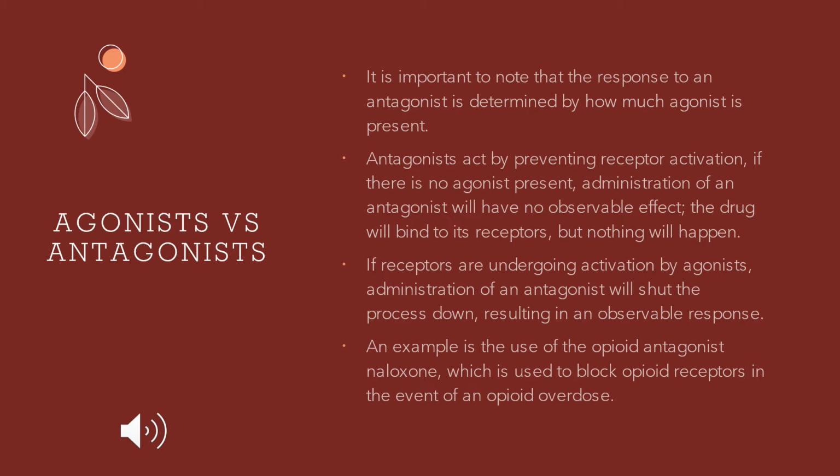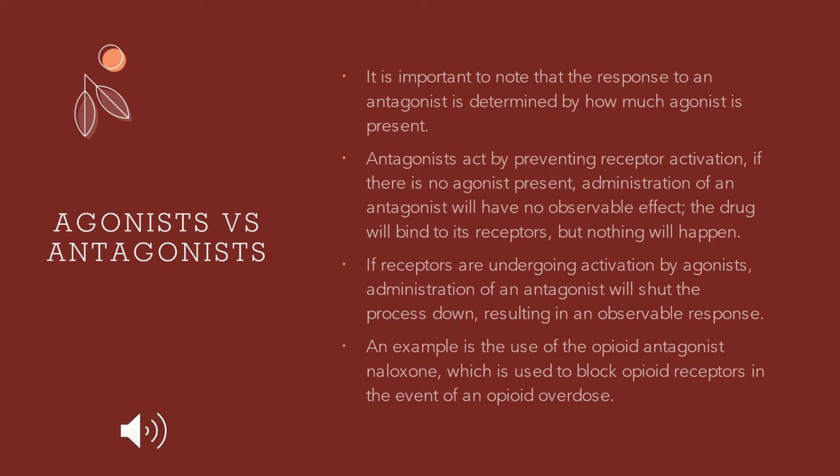It is important to note that the response to an antagonist is determined by how much agonist is present. Because an antagonist acts by preventing receptor activation, if there is no agonist present, administration of an antagonist will have no observable effect. The drug will bind to its receptors, but nothing will happen.